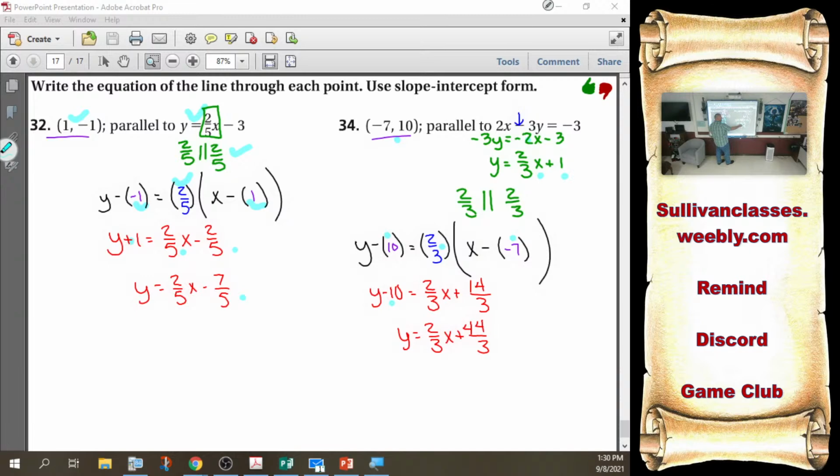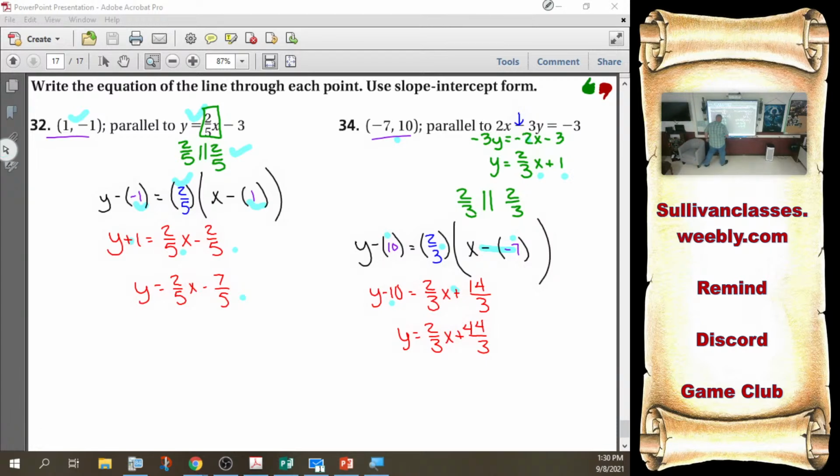Y minus 10. When I distribute, remember that minus a negative is plus. So plus 14/3. When I add 10/3 to the other side, that's 30/3. Common denominators. 30/3 and 14/3 is 44/3.